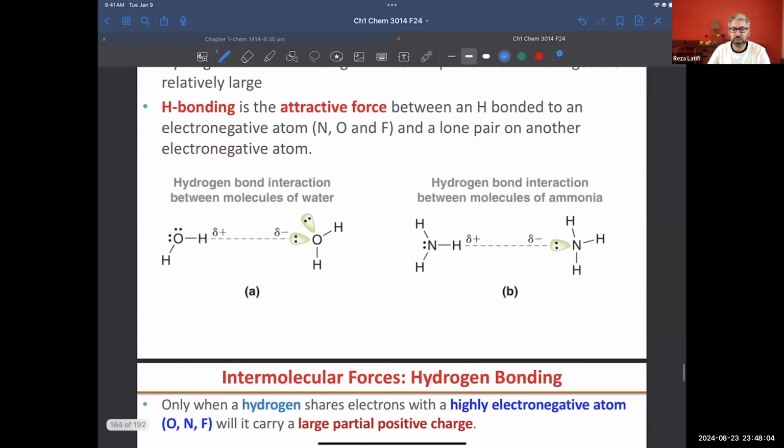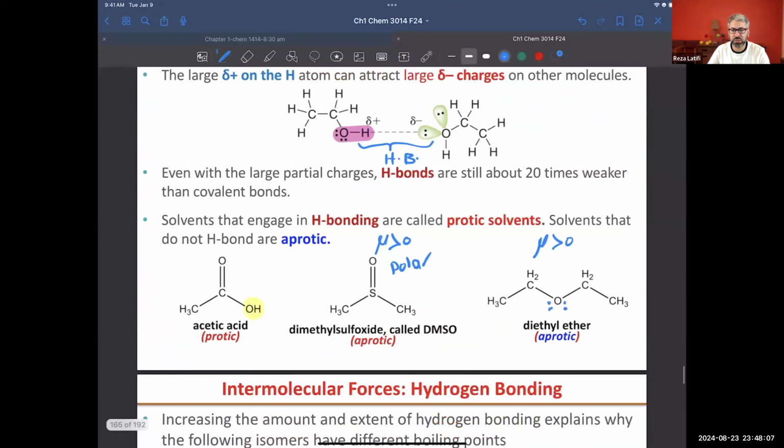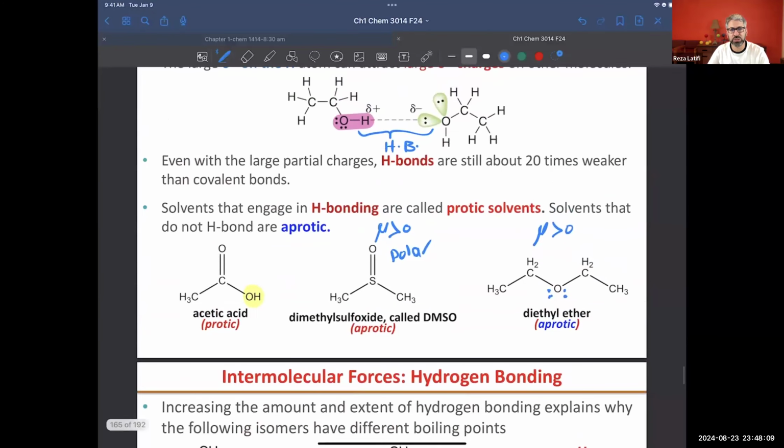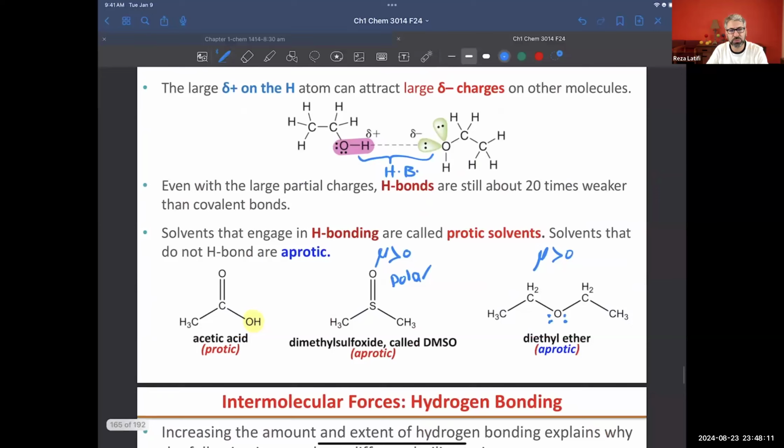Now, hydrogen bonding is subject to how much positive or negative charge you're creating. The more positive the hydrogen, the more hydrogen bonding you have, and the stronger the intermolecular force you will be dealing with.